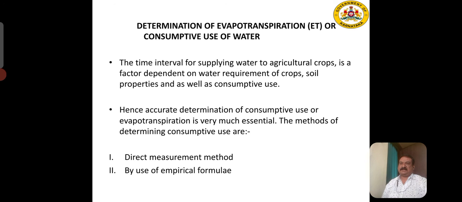Determination of evapotranspiration or consumptive use of water: how to determine this evapotranspiration? The methods of determining this consumptive use of water or evapotranspiration are direct measurement method and by using empirical formula. We will see direct measurement method and the use of empirical formula in the next session.